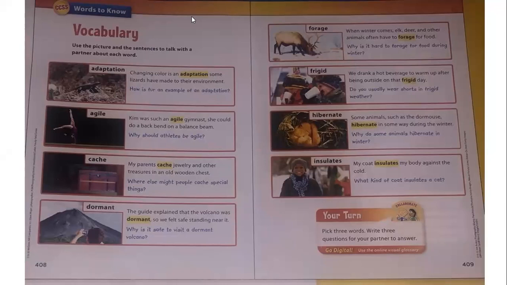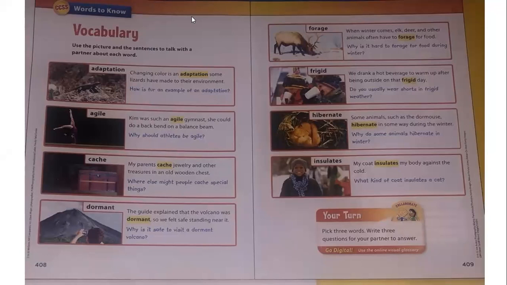All right. So what is a characteristic of volcanoes? Volcanoes can be active and erupt, right? This is what we call an active volcano. Excellent. Active and dormant.